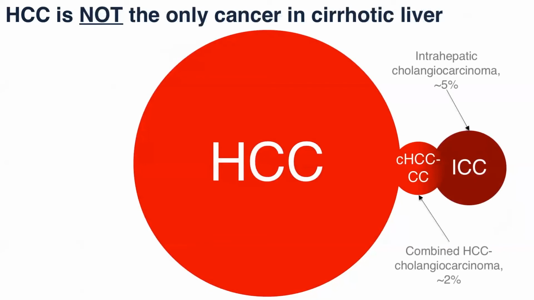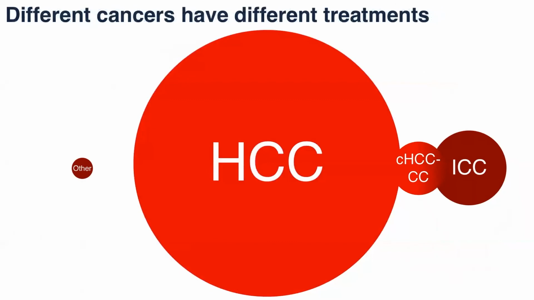They have molecular and phenotypic features of both, and these are now known as combined HCC cholangiocarcinomas, and they comprise about 2% of all malignancies in cirrhosis. Very rarely, patients with cirrhosis can get other things such as metastases, sarcomas, and non-Hodgkin lymphomas, but those are quite uncommon.